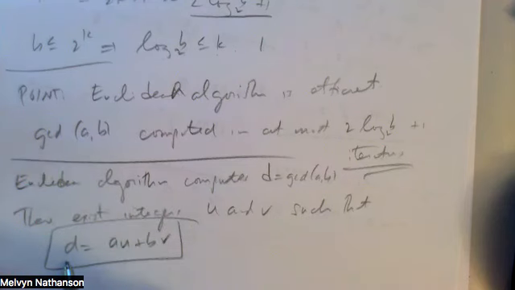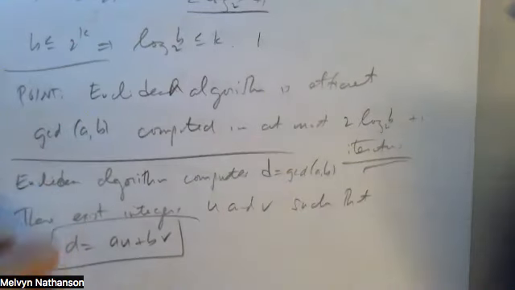We can write the greatest common divisor of A and B as an integral linear combination of A and B. And we can do that by working backwards from the Euclidean algorithm.